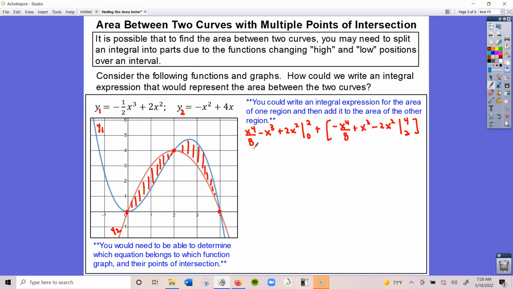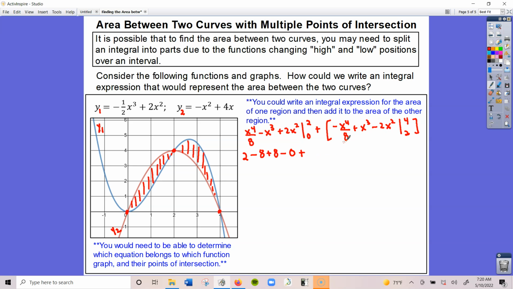When I plug in the 2, 2 to the fourth is 16, divided by 8 is 2, minus 2 to the third is 8, plus 2 squared is 4 times 2 is 8, minus, when I plug in 0, everything will end up being 0, plus. Now I'm going to plug in the 4 and then the 2.